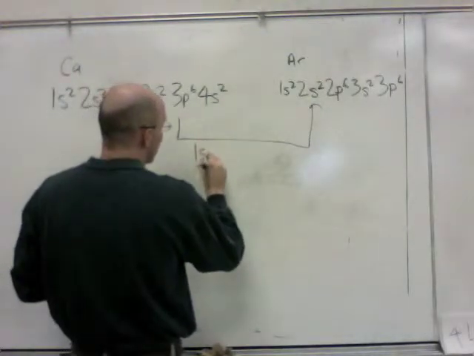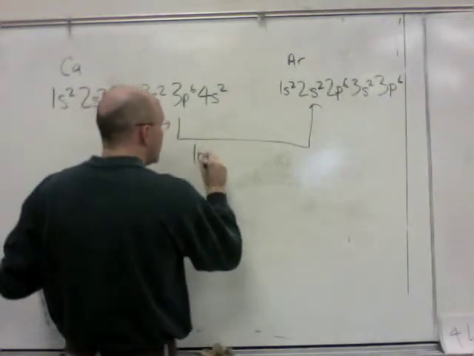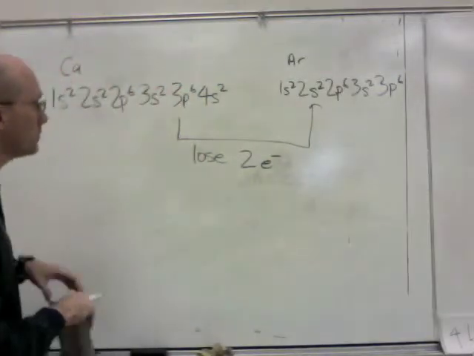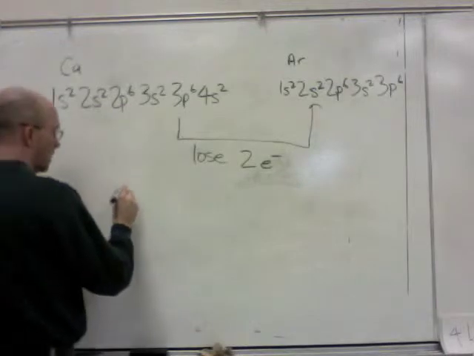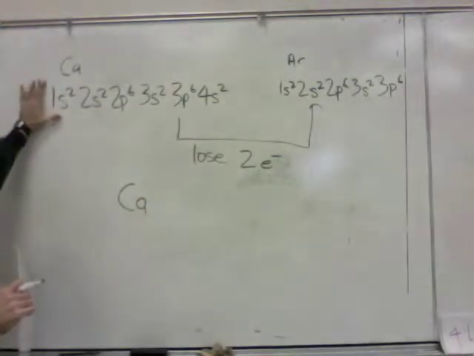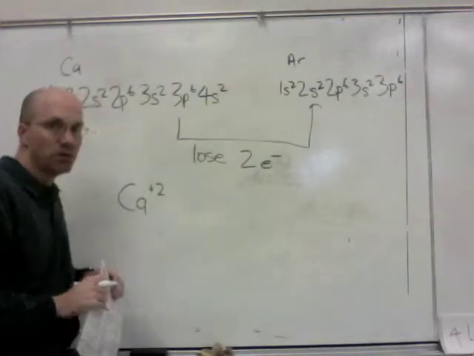Okay, so it's got to lose 2 electrons. So here's the logic. If calcium is neutral with this configuration, and it loses 2 electrons, 2 negative charges, then its resulting charge is going to be +2.